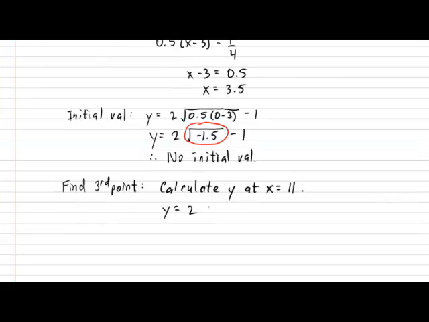So y is equal to 2 multiplied by the square root of 0.5 times 11 minus 3, and then minus 1. Simplifying gives us y equals 2 times the square root of 4, and then minus 1. And here is why I chose to plug in x equals 11.